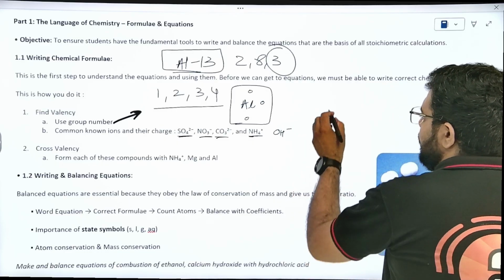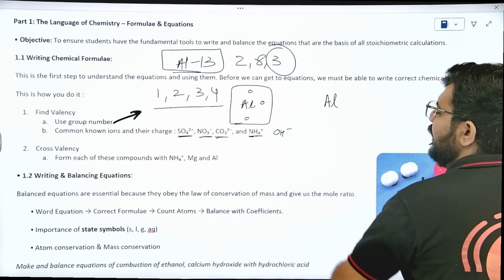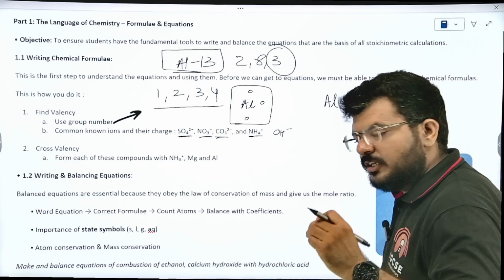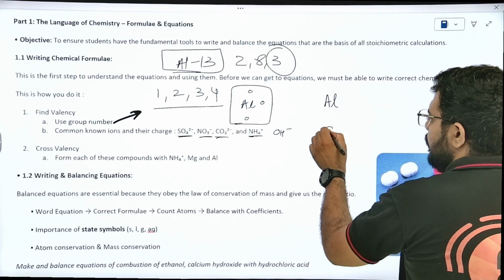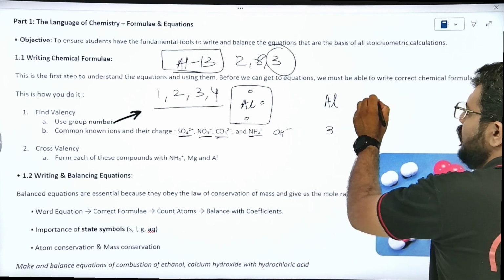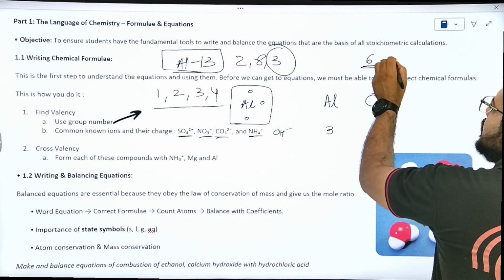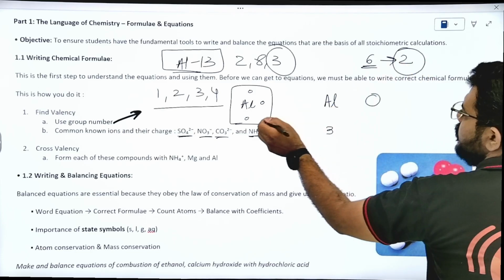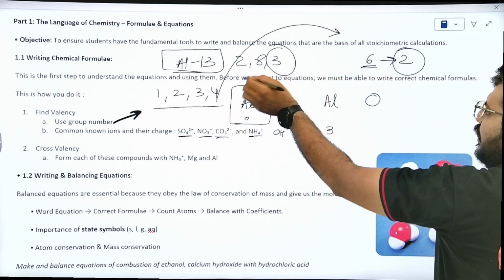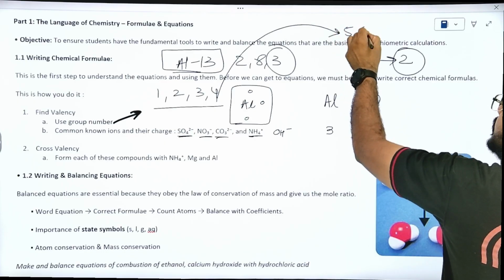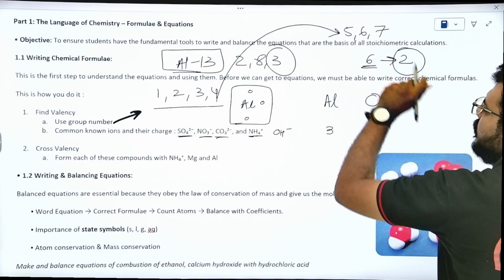Okay, let's see. So I said I should be able to find out the formula of aluminium oxide. So aluminium has a combining capacity of 3, and oxygen is in group 6. If it is in group 6, it needs only 2 electrons, which brings me to the second point, that if the number of electrons is 5, 6 and 7, you subtract it from 8.